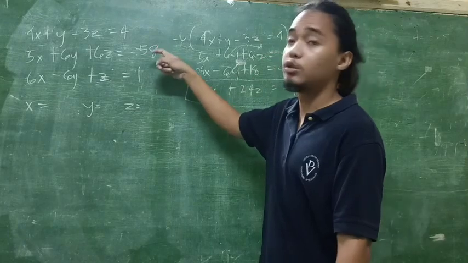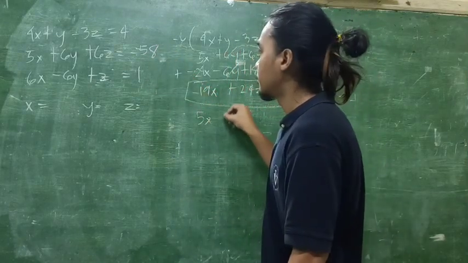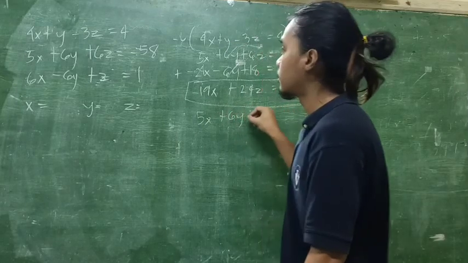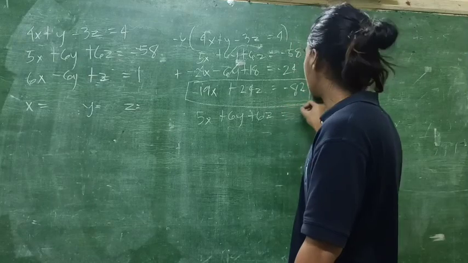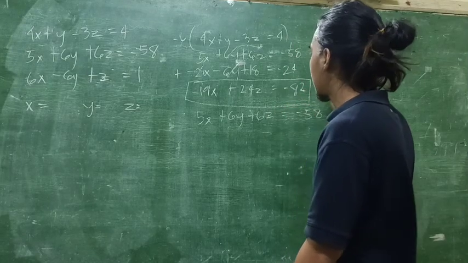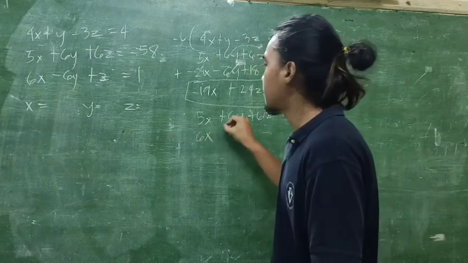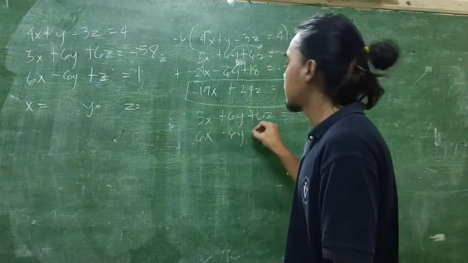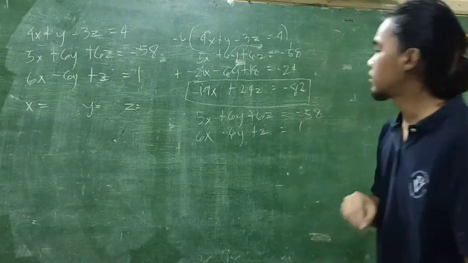So I'll be choosing these two this time. 5x plus 6y plus 6z equals negative 58, and 6x minus 6y plus z equals 1.